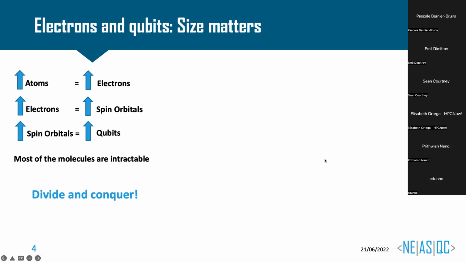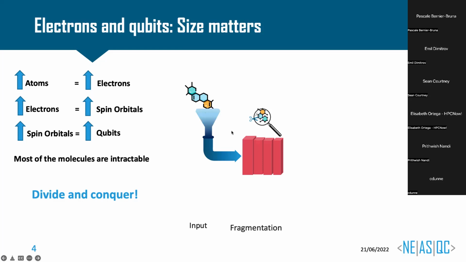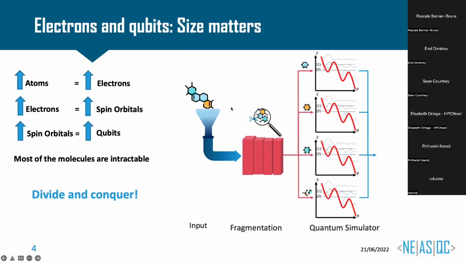So one thing that you can do is, for any given molecule, you can obtain a kind of fragmentation scheme. So you can divide the molecule in different pieces. Those pieces can eventually fit into the quantum simulator, and at the end you can somehow recover the chemical structure, the chemical properties.